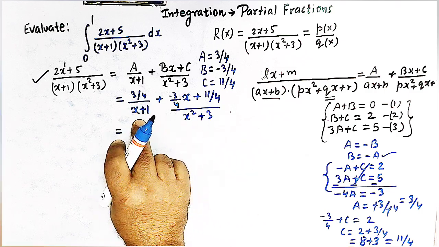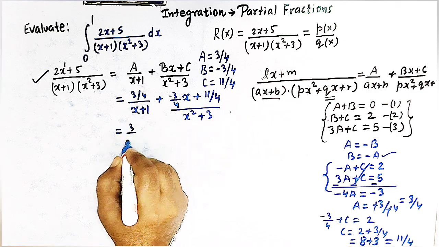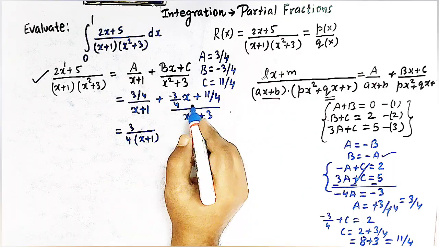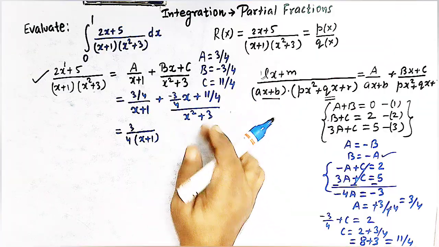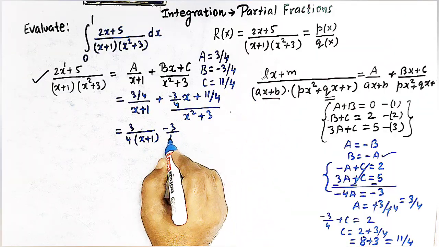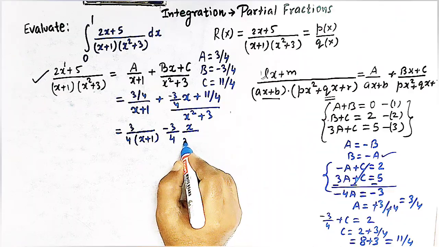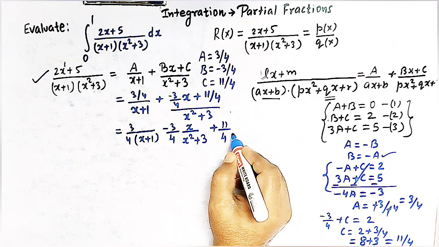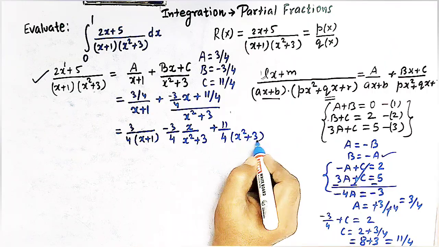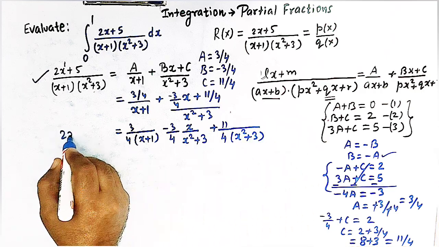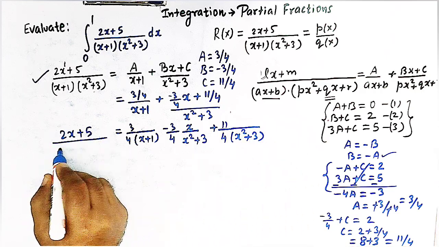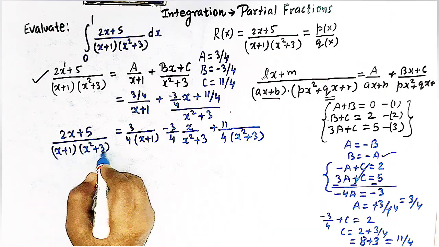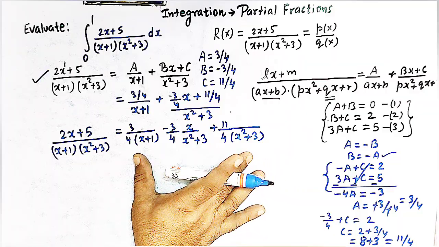So now we can write this expression as 3 over 4 times x plus 1, and then we can split this expression like this, that is minus 3 over 4 times x over x square plus 3, and then we have 11 over 4 times 1 over x square plus 3, right? So we have now (2x plus 5) over (x plus 1)(x square plus 3) equal to this expression, right?